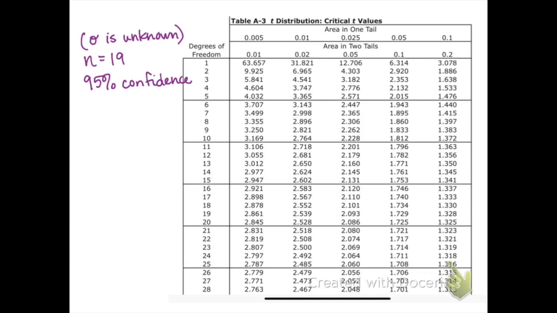So in this example, our sample size will be equal to 19, and we have 95% as our confidence level. If our confidence level is 95%, then that means that we have 2.5% in each tail on the distribution, or a total of 5% in two tails. That corresponds to the center column, where the area in one tail is 0.025, or the area in two tails combined would be 0.05, or 5%.